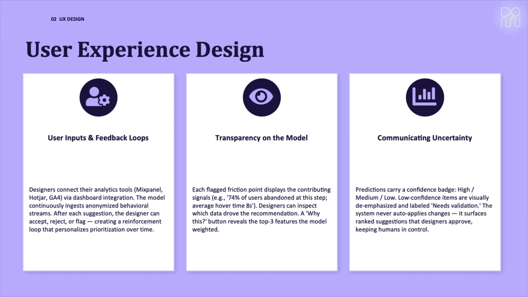And communicating uncertainty will also carry a confidence badge, tagging items as high, medium, or low confidence, visually de-emphasized and labeled with something like needs validation, whether the system auto-applies changes or surfaces ranked suggestions that designers approve, always keeping the human in the loop and in control.